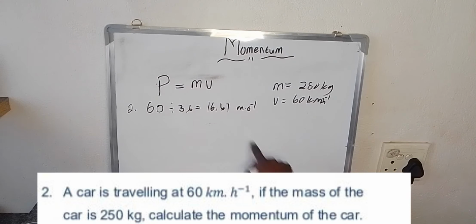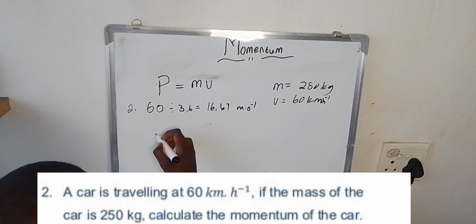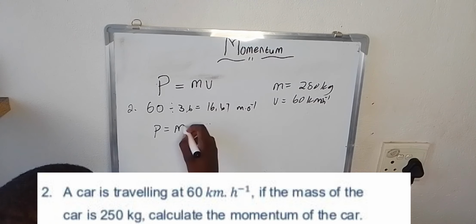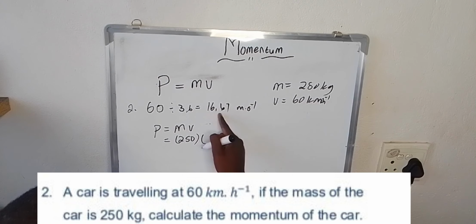Now we are going to substitute our velocity and mass into the formula for calculating momentum. Where is mass? We substitute 250. Where is v? We substitute this one.